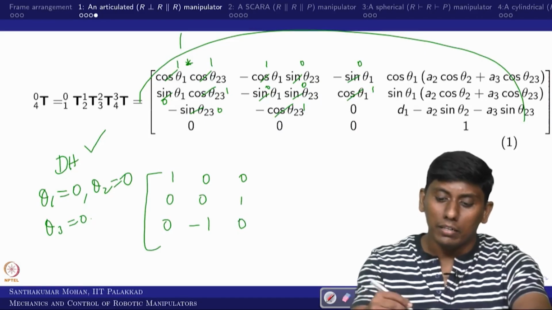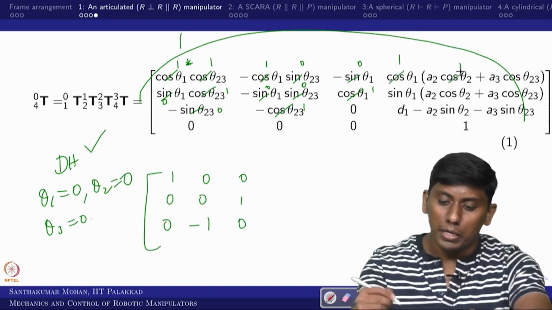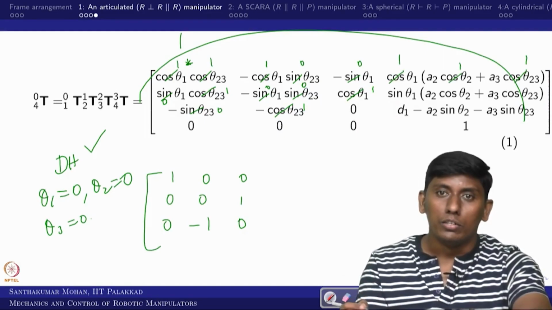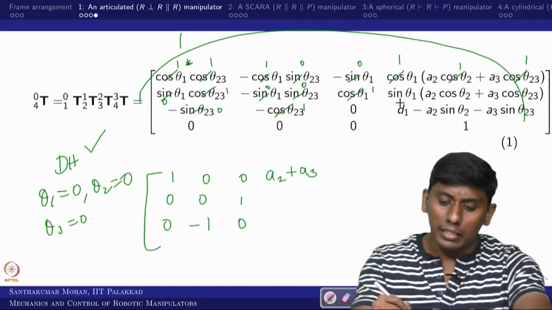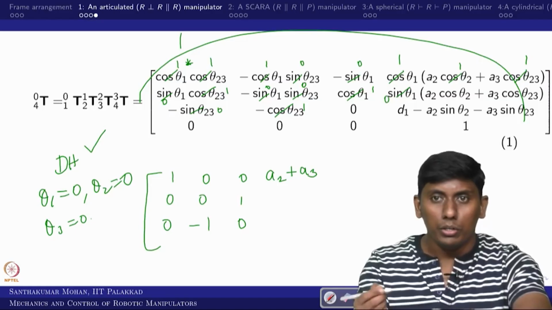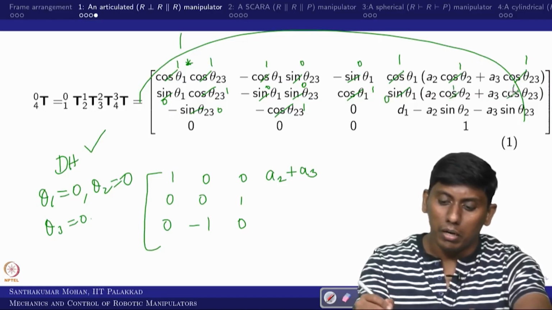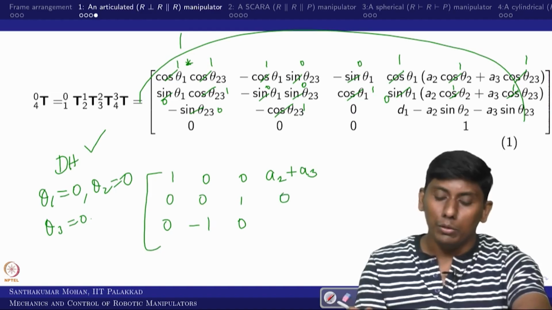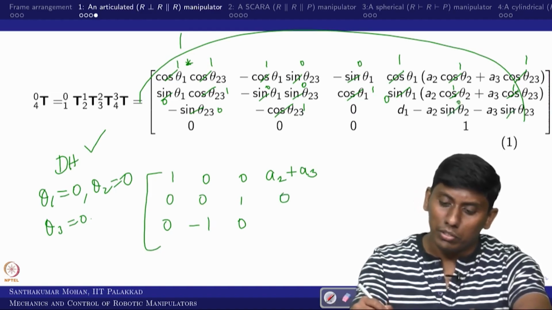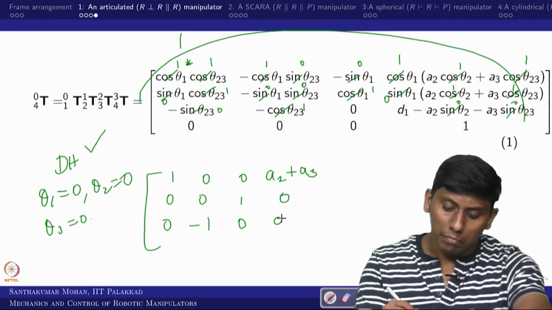So coming back here, this becomes 1, this also becomes 1, this also becomes 1. So what is left? A2 plus A3 is left, but here this itself is 0, so no need to see, because 0 multiplied with anything is 0. And finally you can see this is going to be 0, this is also 0. What is left? d1, right?